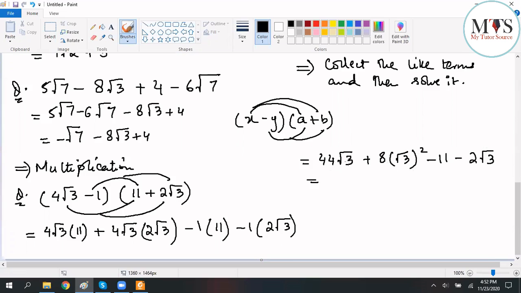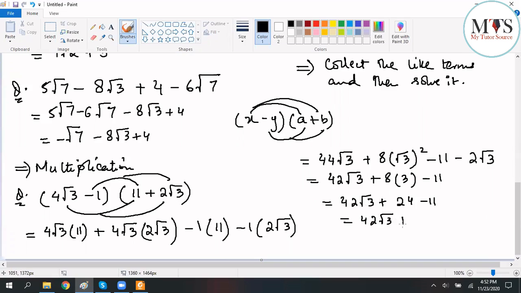Then we subtract 2 from 44, so that's 42 root 3 plus 8 times 3 minus 11. 42 root 3 plus 24 minus 11, which is 42 root 3 plus 13. Any questions about this? No.